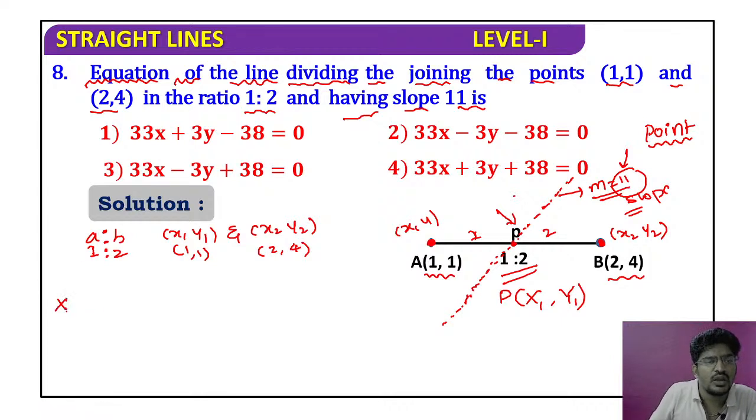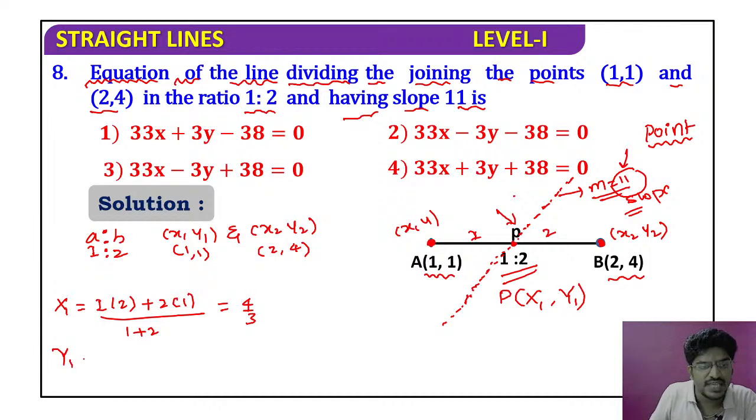X1 will be equal to A into x2, that is 1 into 2, plus B into x1, 2 into 1, divided by A plus B. So that is 4/3. Now find capital Y1.